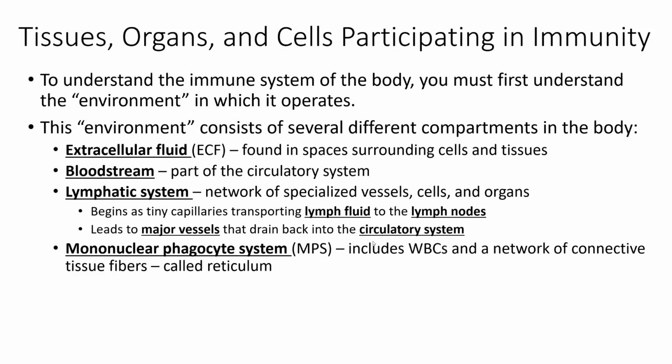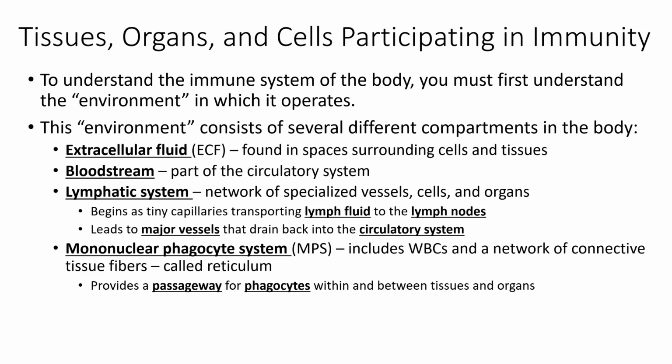Another one that's a little more technical is called the mononuclear phagocyte system. And this is really a series of connective tissues that tend to be in the area of the extracellular fluid, although in certain areas more so than others. And it actually acts like a little transport network for phagocytes. And so phagocytes, as we'll see in the next lecture or two, are the cells that swallow and digest microbes. So it gives them a space to move about.